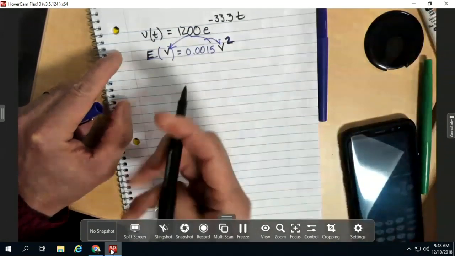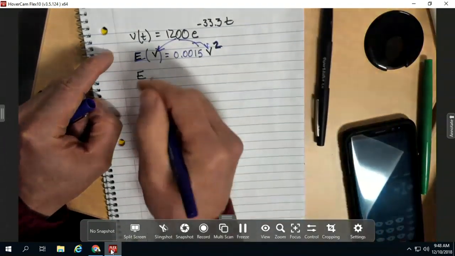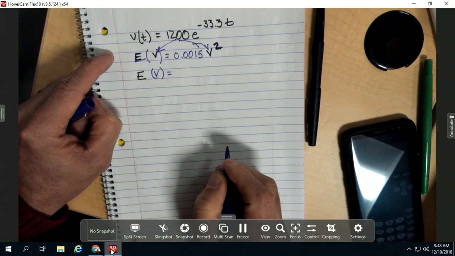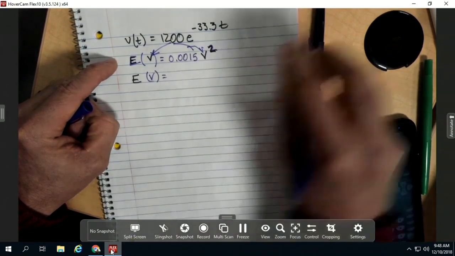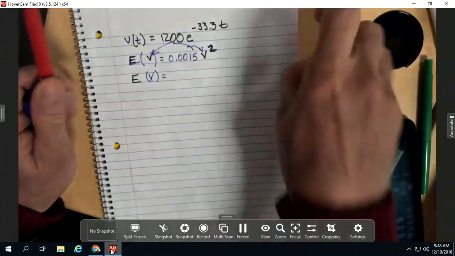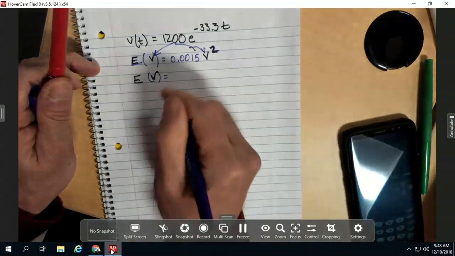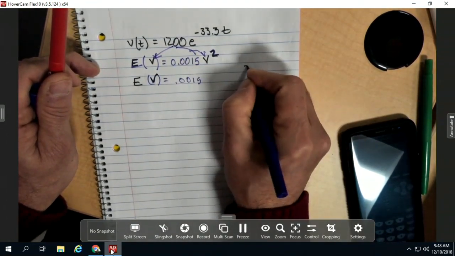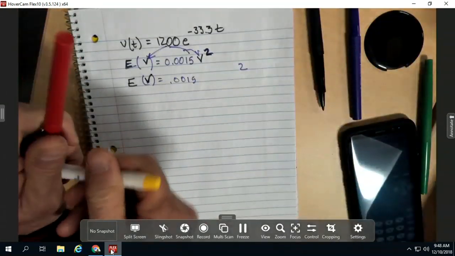So we've got energy as a function of voltage is, let's do it this way. Energy as a function of voltage is 0.0015 something squared. What is that something?